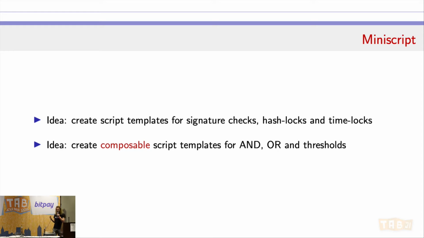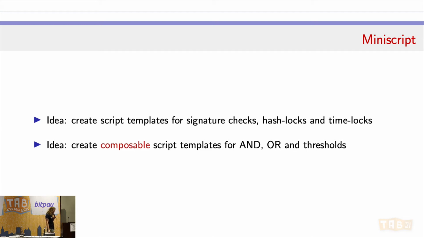The big one here is that this isn't a separate language from script where you compile it down and you have a compiler that tries to interpret what your code means and then output a script that has the same meaning. With miniscript, there's actually a direct one-to-one correspondence here. So you actually are just encoding your miniscript directly in script, and you can decode it as well. So you can see that what's on the blockchain is exactly your policy. You actually are secretly directly working with Bitcoin script.